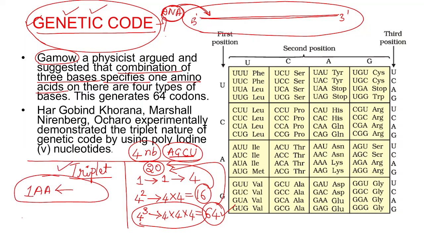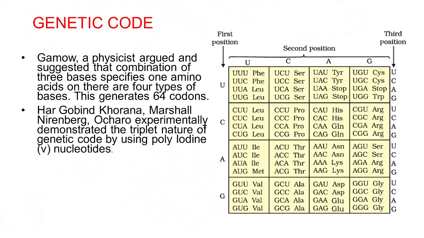I will repeat the same point again. Do remember why genetic code is triplet? Because there are a total of 4 nitrogenous bases present in the mRNA. They are adenosine, guanosine, cytosine and uracil. If 4 nitrogenous bases are repeatedly occurring on the mRNA, then these 4 nitrogenous bases only will code for all the 20 amino acids which are present, right?